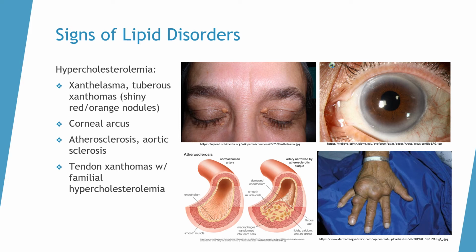Atherosclerosis and aortic sclerosis is another important sign of lipid disorders, and this predisposes the individual to a high risk for various ischemic heart diseases or vessel diseases. And tendon xanthomas can also erupt on many tendon areas with familial hypercholesterolemia.